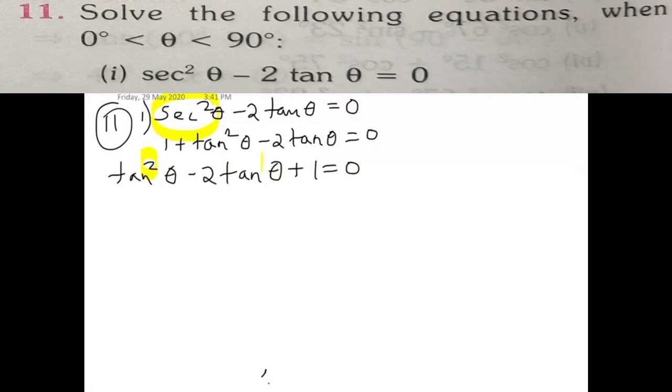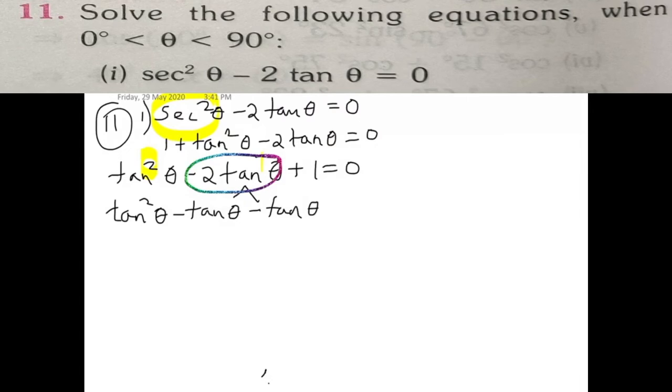Now I need to split this middle term. This 2 tan theta is to be split in such a way that when you multiply, it should come tan square theta, and when you add, the sum should come minus 2 tan theta. So tan square theta, and instead of writing minus 2 tan theta, I am going to write minus tan theta minus tan theta.